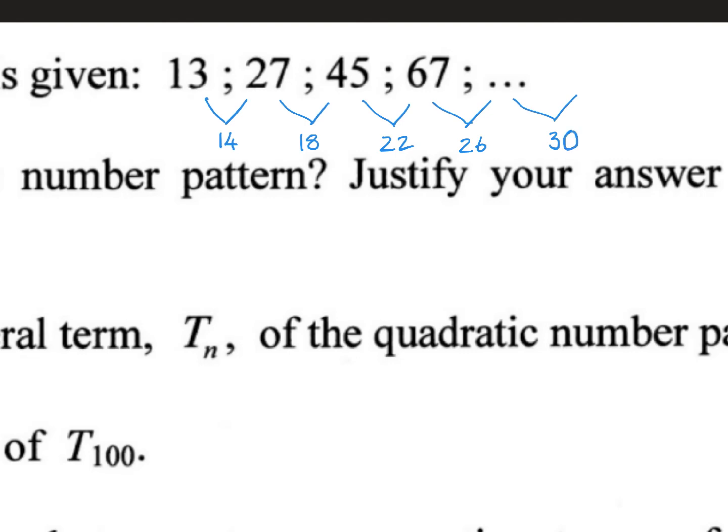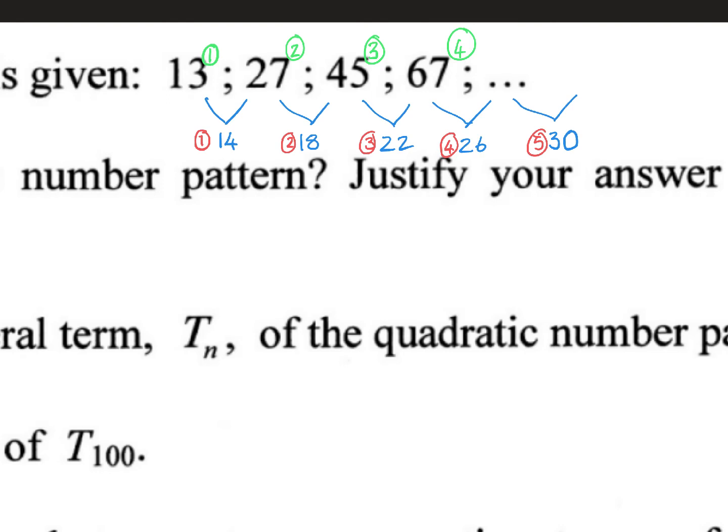Stick with me, this may become a wild run. The first difference was 14, then term 2, term 3 was 22, term 4 was 26, term 5. Now where that's useful is because in the original number pattern there's term 1, term 2, term 3, term 4. There are lots of number patterns happening here.